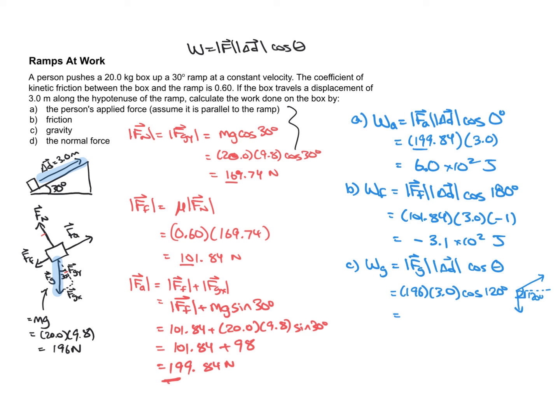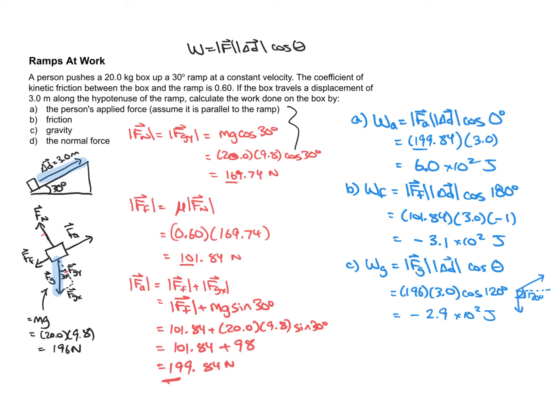Let me just double check this in the calculator. Yeah, so cosine 120 is a special angle equal to negative a half. So I multiply that all together: 196 times 3 times negative a half gives me negative 294. So negative 2.9 times 10 squared joules.